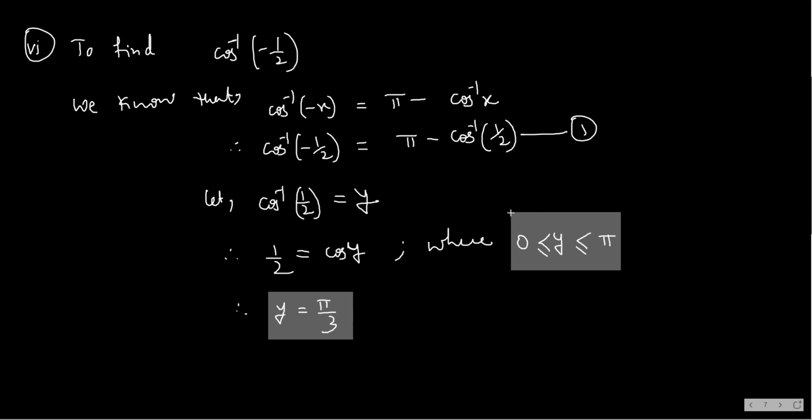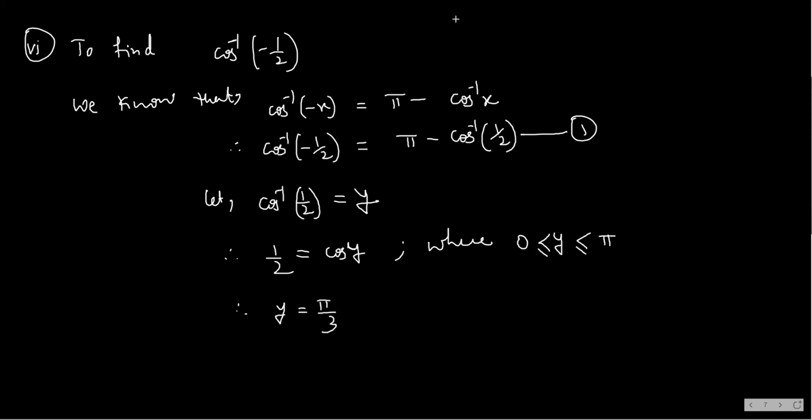The answer is yes. If it is in between, it is the principal value. So you got cos inverse of 1 by 2 as pi by 3. Okay, this is number 2.